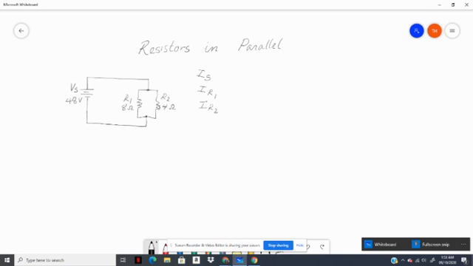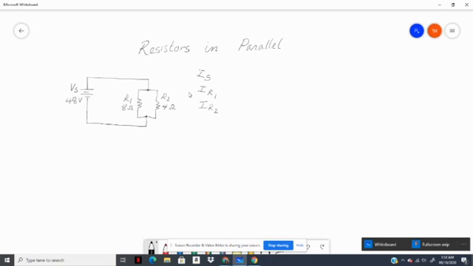So anytime you do a calculation, you can always double check that for it to make sense, the larger current must flow through the smaller resistor, and the smaller current will flow through the larger resistor.